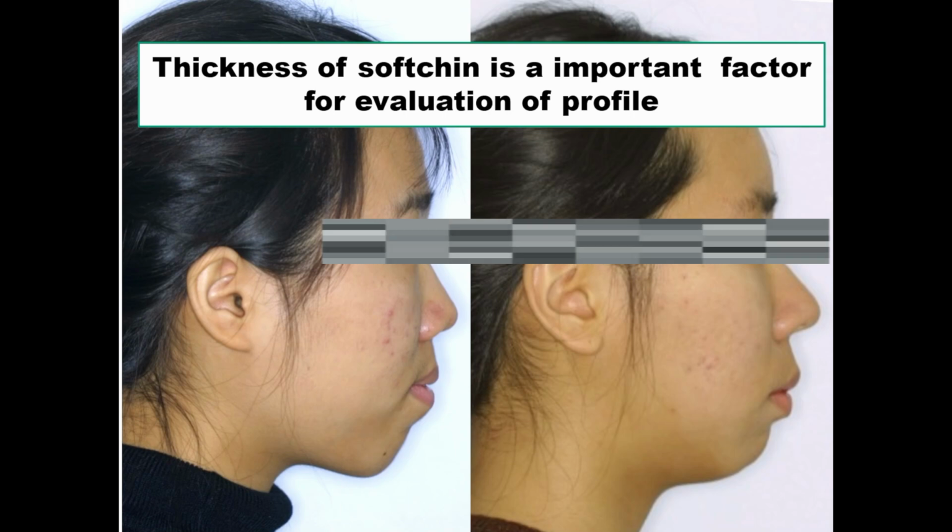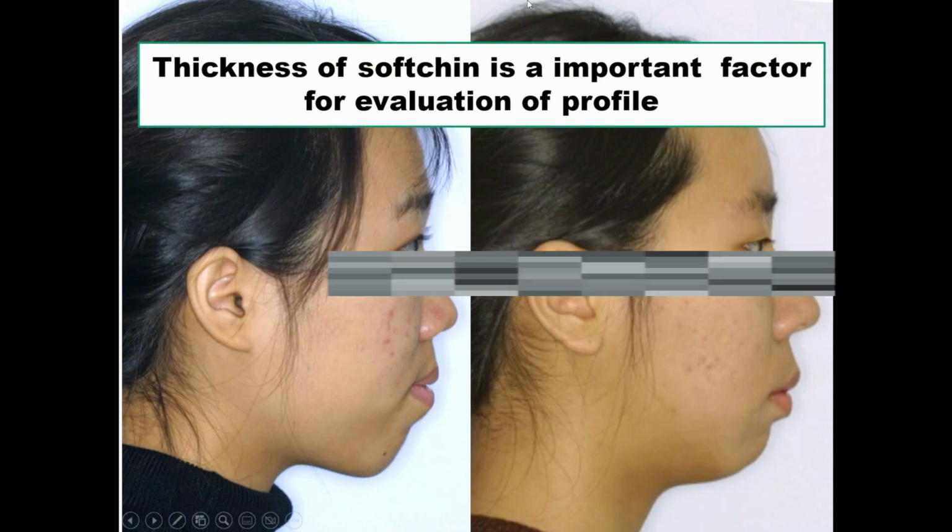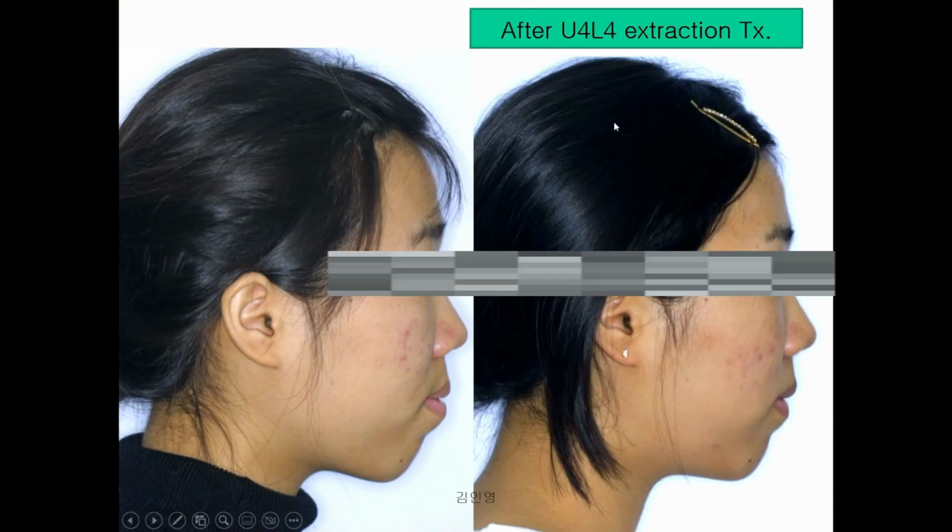Thick soft tissue is good for the orthodontic result. Okay, especially in the chin. So with upper 4 lower 4 extraction treatment, the face improved but not aesthetic because this is too thin.